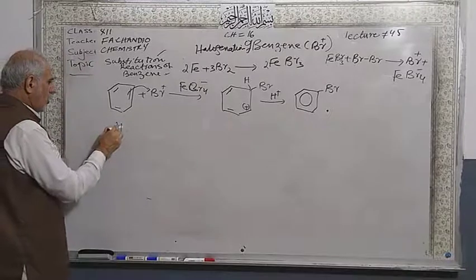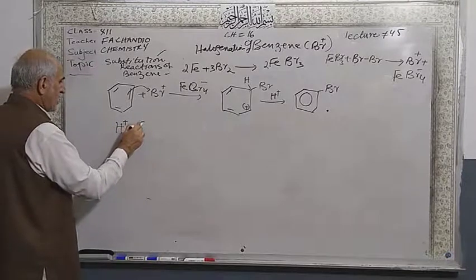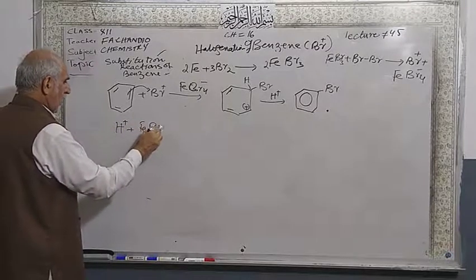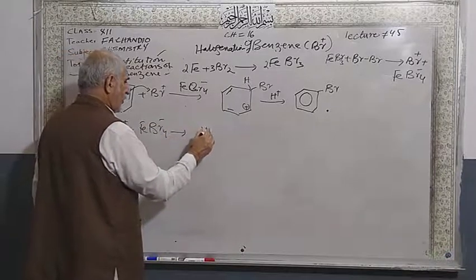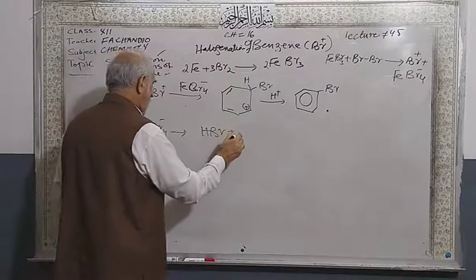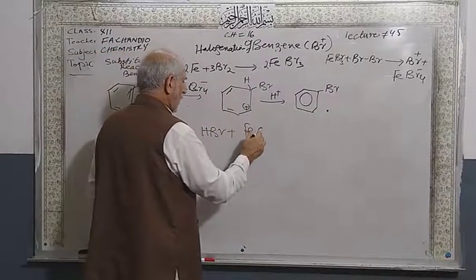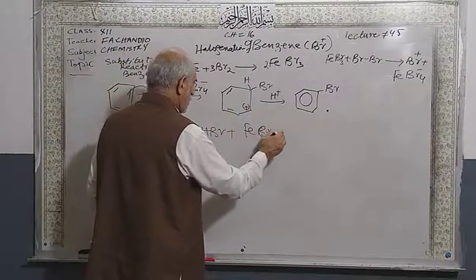Then this hydrogen ion plus iron bromide complex gives hydrogen bromide plus iron tribromide.